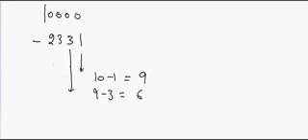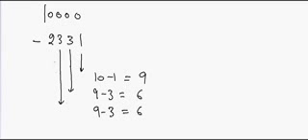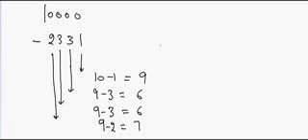Then I'll take the next 3, so 9 minus 3 is equal to 6, and then I'll take the 2, so 9 minus 2 is equal to 7. So the answer will be equal to 7669.